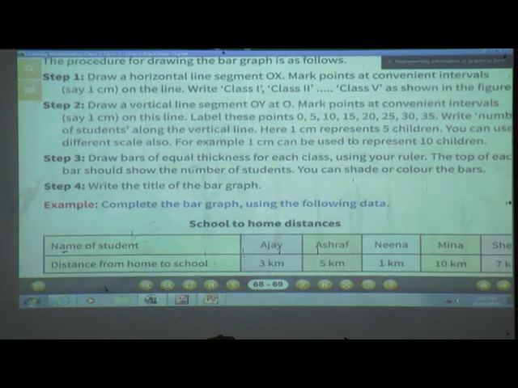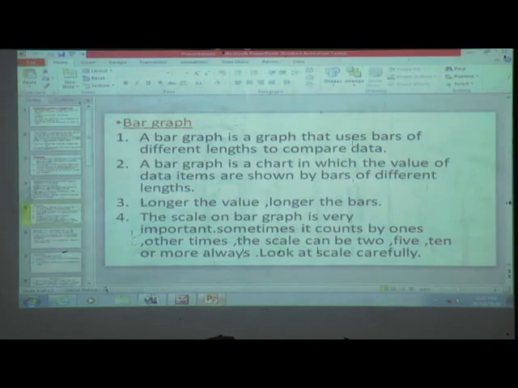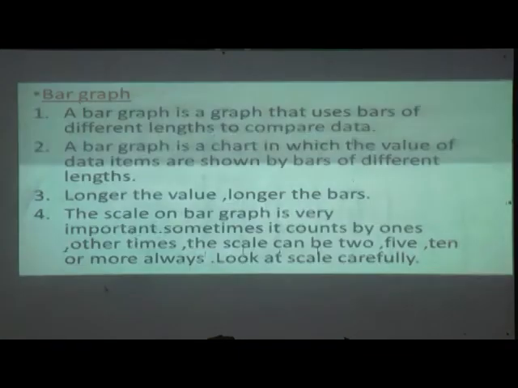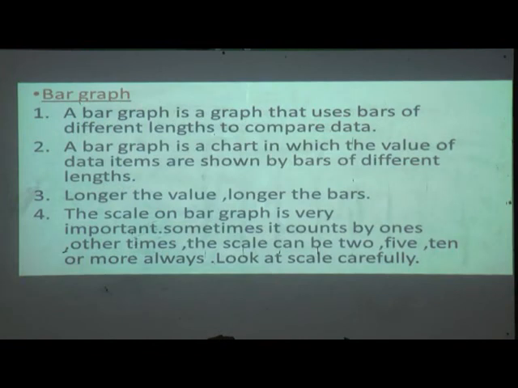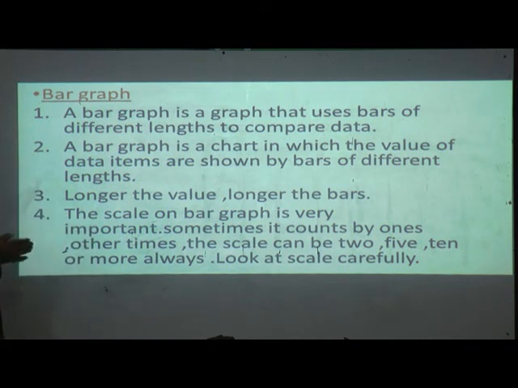Now we'll see in detail what is meant by bar graph. A bar graph is a graph that uses bars of different lengths to compare data. So a bar graph is a chart in which the values of data items are shown by bars of different lengths. Now longer the value, longer the bars.